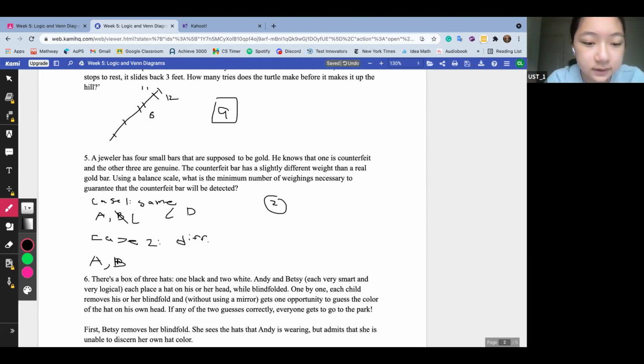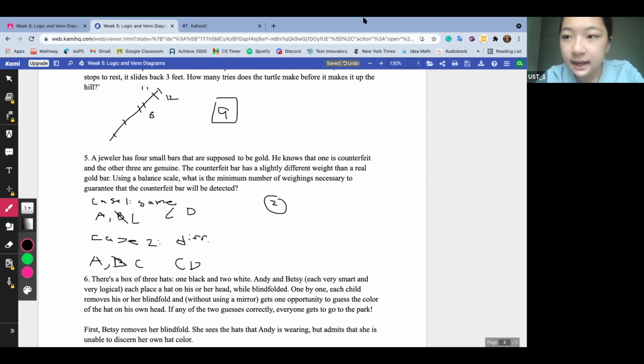So now that means C and D are both real ones. We're not sure if A or B is the fake one, so we can just take out one of them and put C there. C is a real one, so we know that.